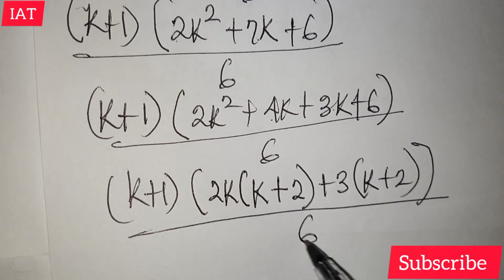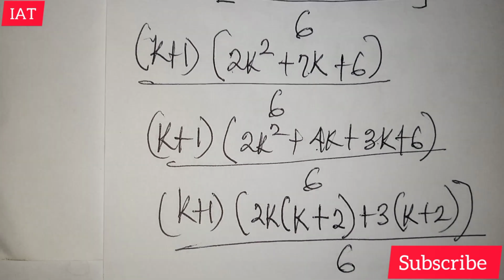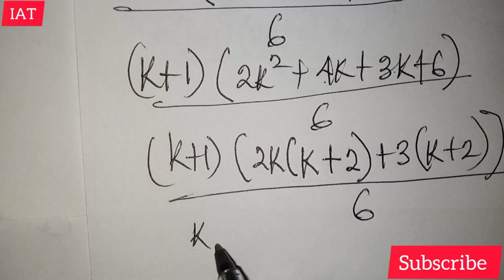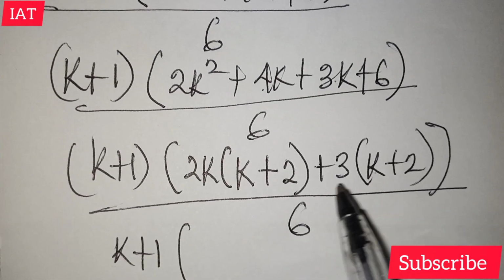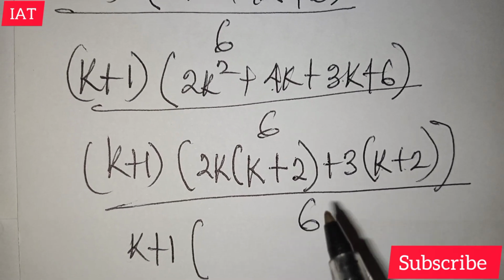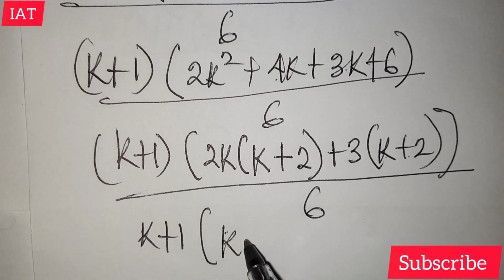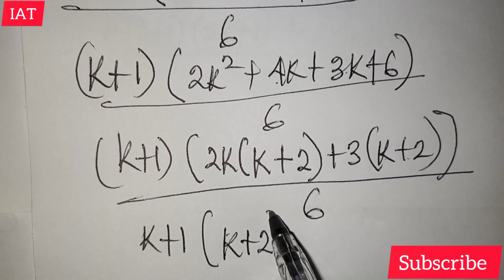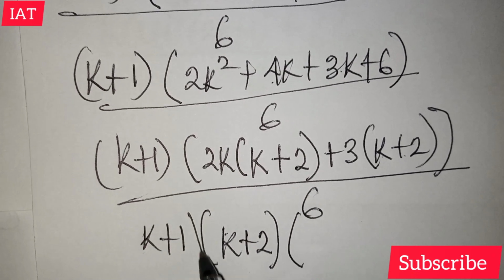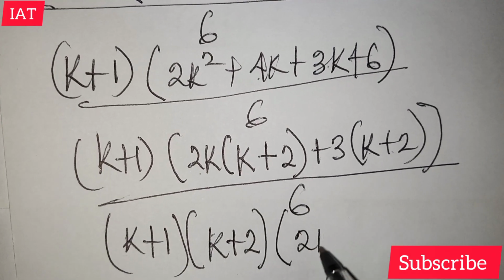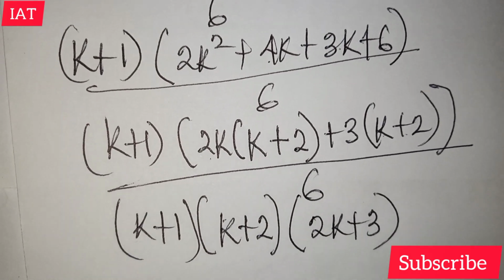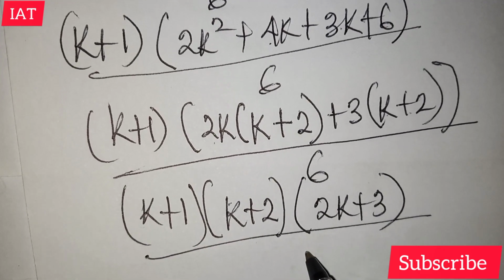What's the next point here? It's simple. You observe that we have k plus 1 left, into, here we're having k plus 2 twice. They are common, so you just have to pick one of the common k plus 2, and then what will be left here is 2k plus 3, all over 6.